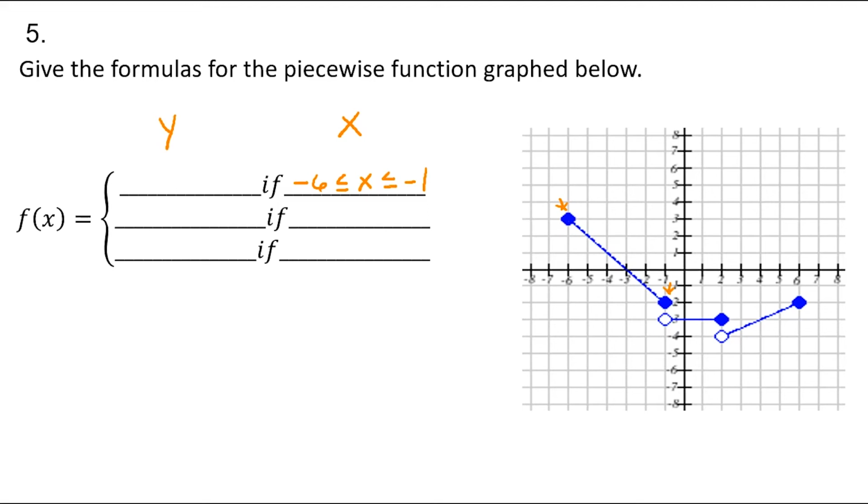So the way this reads is x is going to be greater than or equal to -6, and it has to be less than or equal to -1. Right?